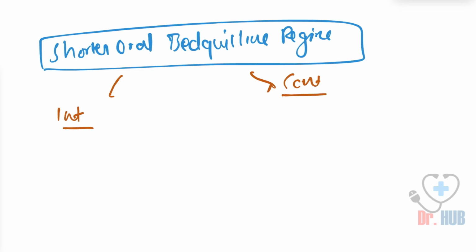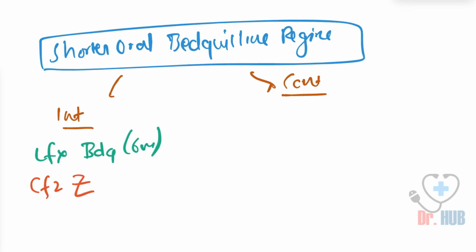Under the intense phase there is levofloxacin, that is the bedaquiline, and this is for 6 months. Then there is also clofazimine, pyrazinamide, isoniazid, ethambutol, ethionamide. So this is for 4 months.